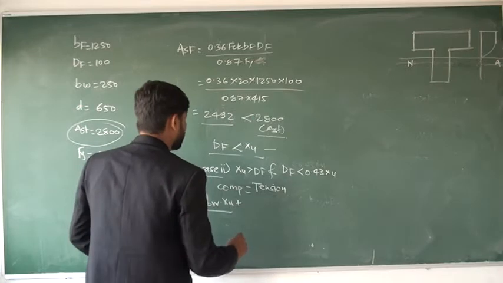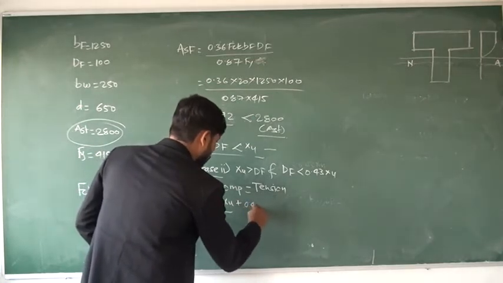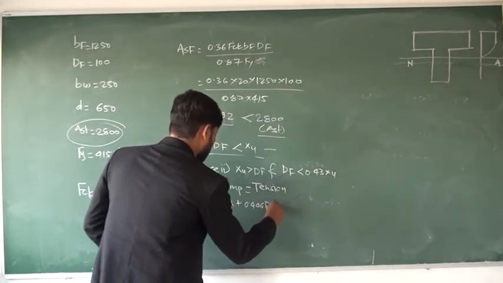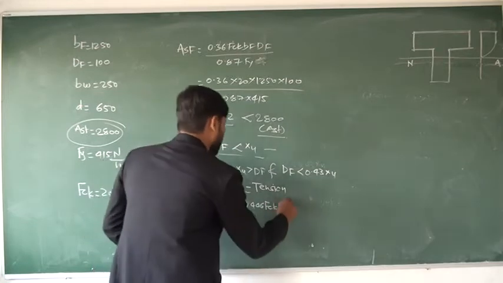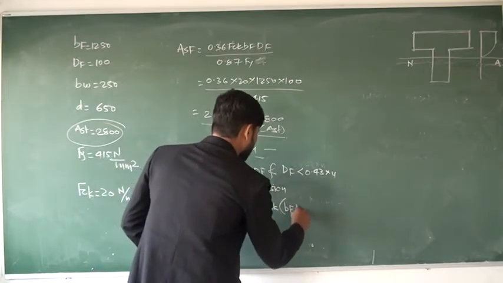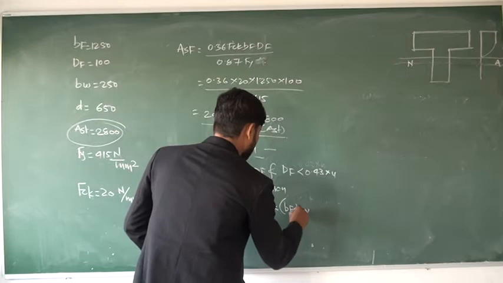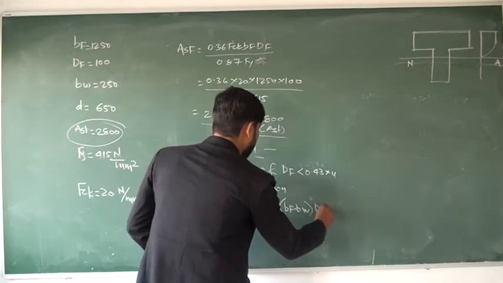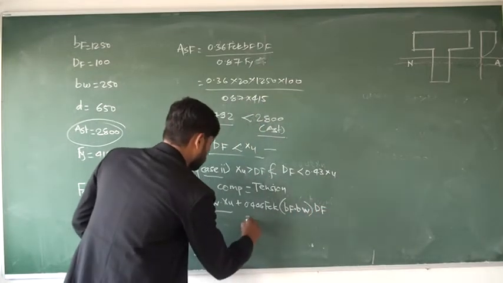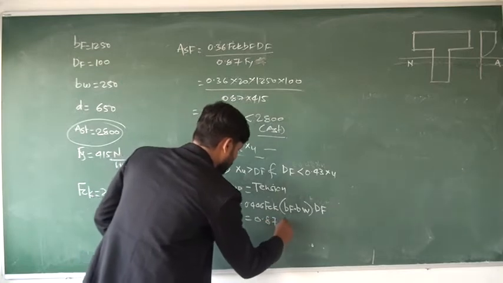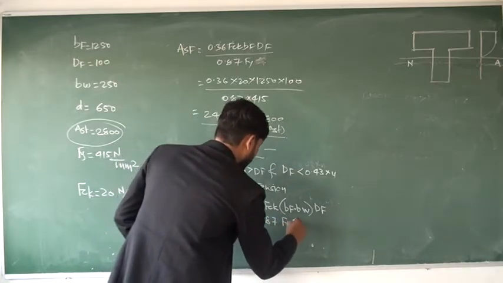Now compression in flange: 0.446 fck into bracket Bf minus Bw into Df is equal to tension, 0.87 fy into Ast.